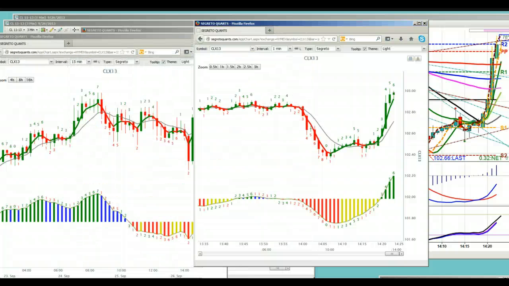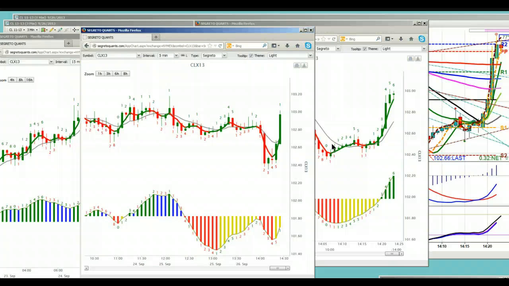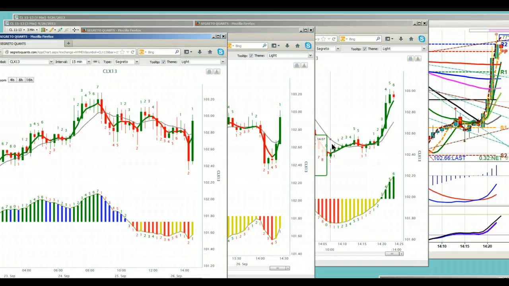According to the numbering system for Segredo, the numbering system should, in theory, override the pivots, as long as they're not flat. If they're giving you a lot of Christmases and a lot of chop, then you know that you're stuck at a pivot. Or if the oscillator is flat on the Segredo, then you know you're stuck at a pivot.